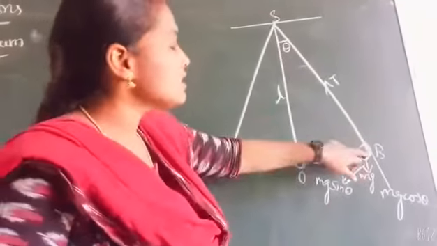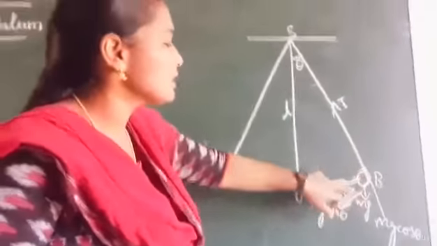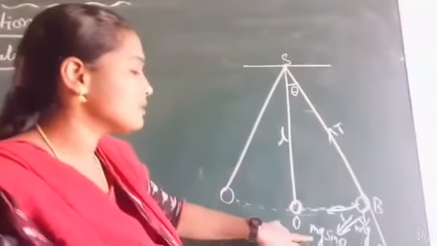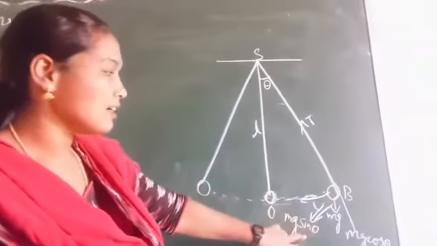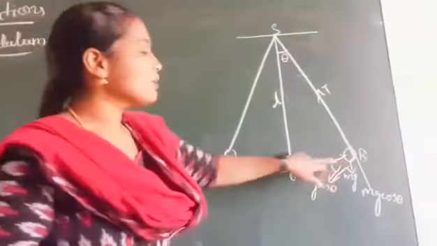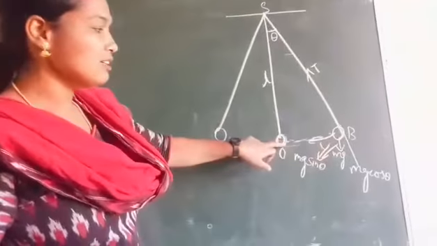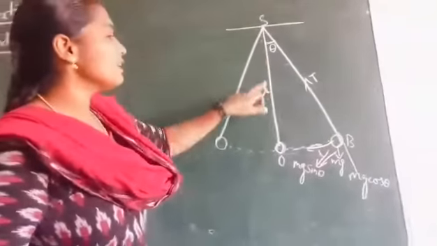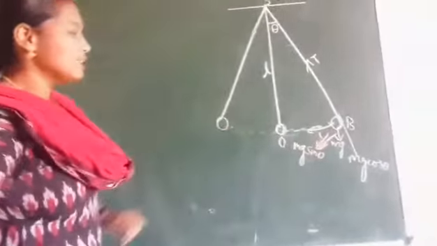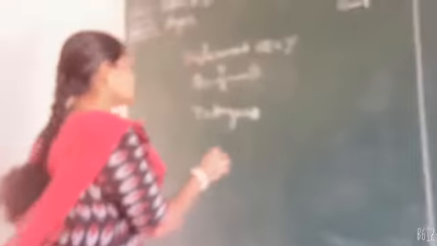It acts in the opposite direction, so we take this restoring force in terms of mg sin theta. The bob comes back with the help of the restoring force, so we consider L and mg sin theta.